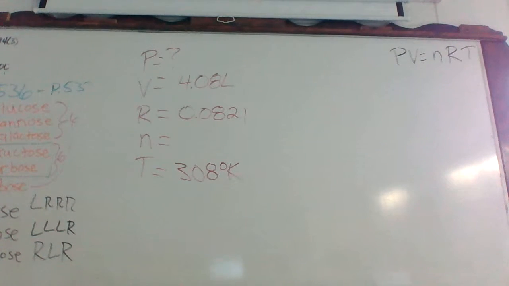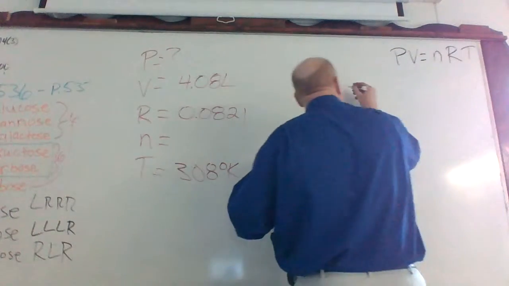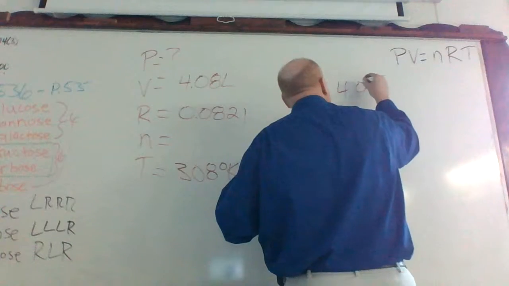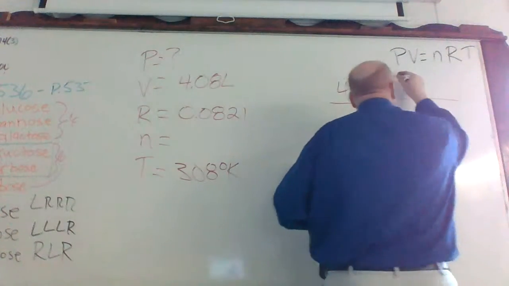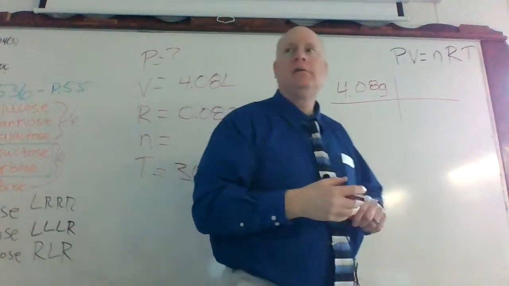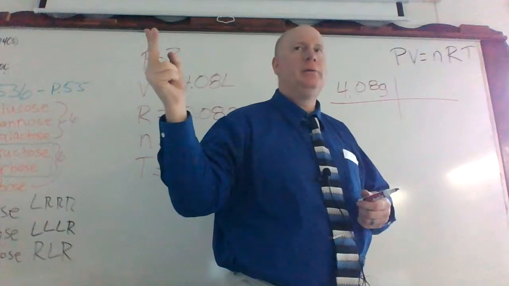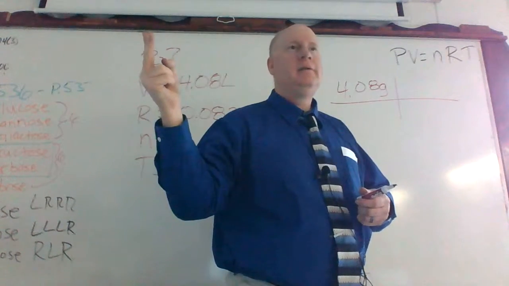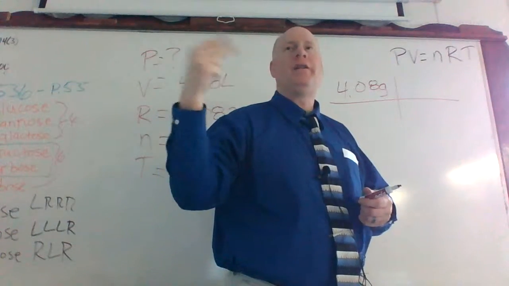So if we had 4.08 grams of hydrogen, how are we going to get that for that variable? You have to divide by the molar mass. I got 1. I got 2. Oh no, hydrogen's diatomic right now. I got 2 people who fell in the trap. It's 2.02.